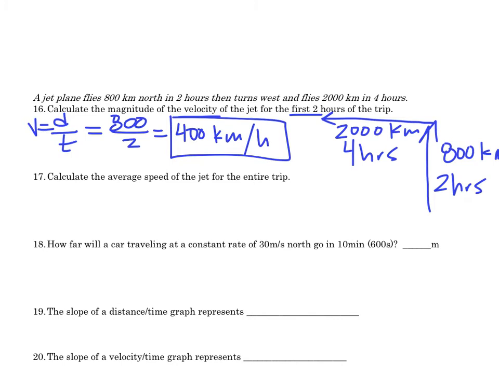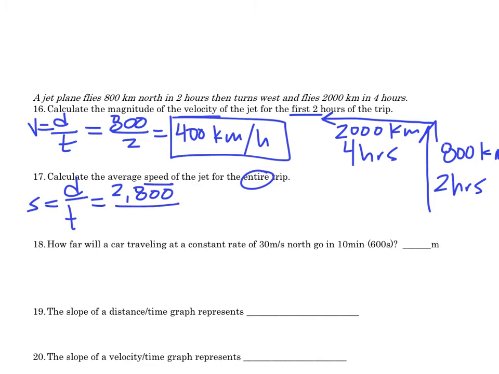Number 17, calculate the average speed for the entire trip. So speed is distance divided by time. So the entire distance is 800 plus 2,000, which comes out to 2,800.